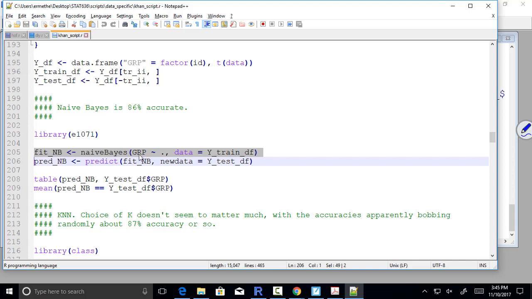So the first argument is a formula or model type statement. Group is my response. Remember, there's a column in our data frame called group. So group is my response, and I want to model it in terms of, if I say dot in a formula statement, that means use all the predictor variables that we have.